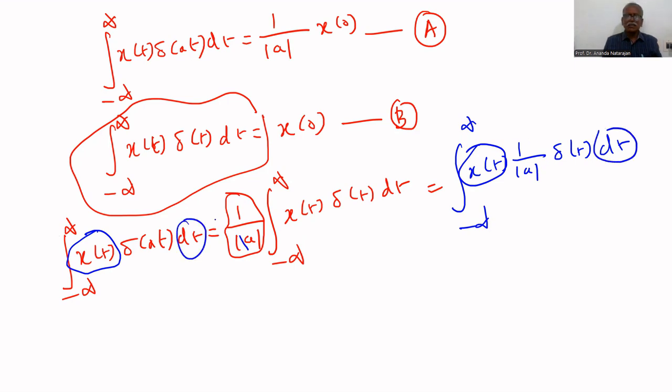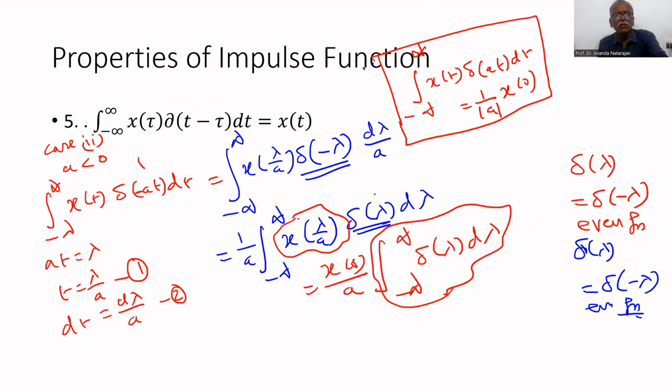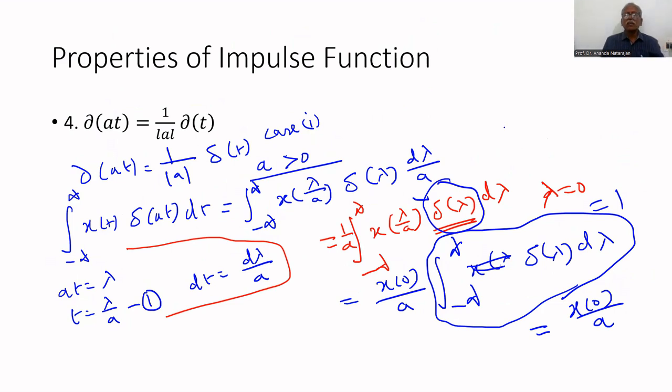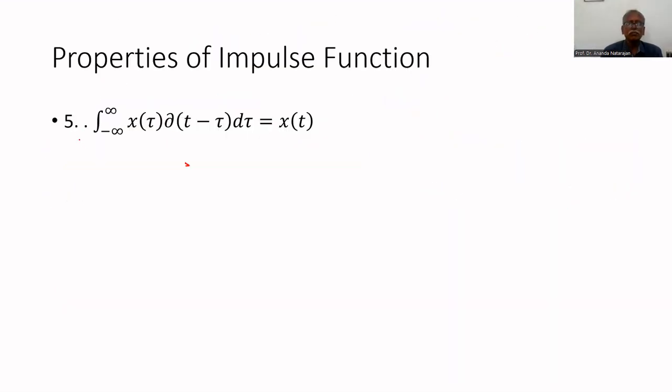What is the remaining thing? The left-hand side δ(at) equals the right-hand side, 1 by modulus of a times δ(t). This is property 4. Hence proved. What is property 4? δ(at) equals 1 by modulus of a multiplied by δ(t). Hence proved. Now let us see the fifth property.